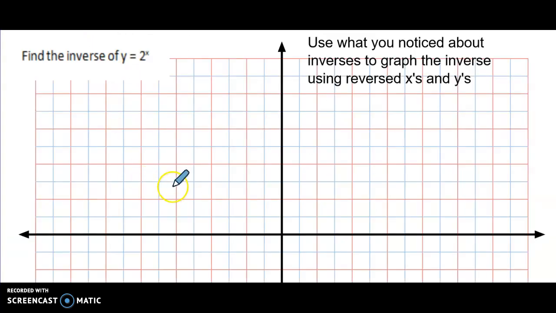Now, therefore, we should be able to find the inverse of y equals 2 to the x. We know how to graph it. When x is 0, 2 to the 0 is 1. When x is 1, we get 2. When x is 2, 2 squared is 4. When x is 3, 2 to the third is 8. When x is -1, 2 to the -1 is a half.